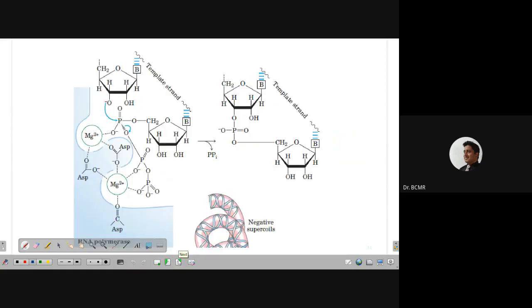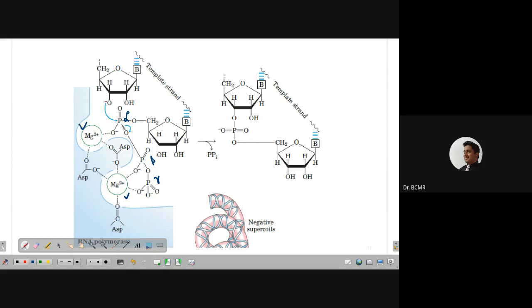So the chemistry of polymerization is very much similar to that of DNA polymerization. There are two metal ions, like in DNA polymerization, where we called them metal ion A and metal ion B. Here also the function is exactly the same. The magnesium ion will stabilize the beta and gamma phosphates. This would be the alpha phosphate.